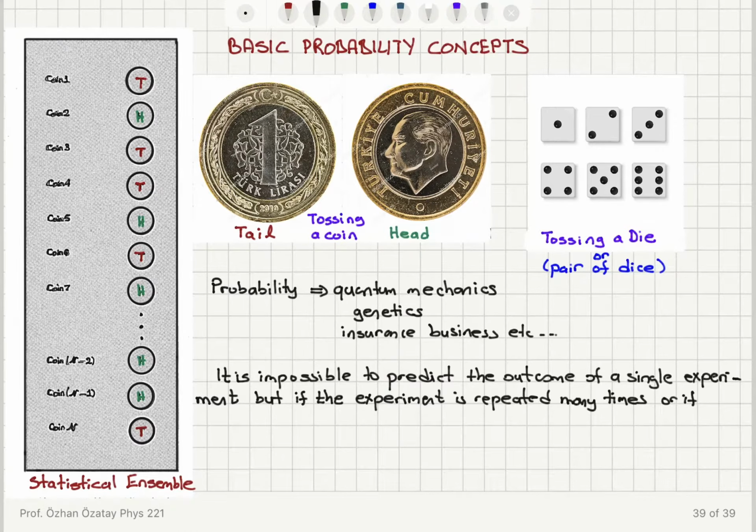Or if we form an ensemble, that's the first important concept in probability, of a very large number, I use this funny n, it's theoretically infinite, very large number of similar systems.